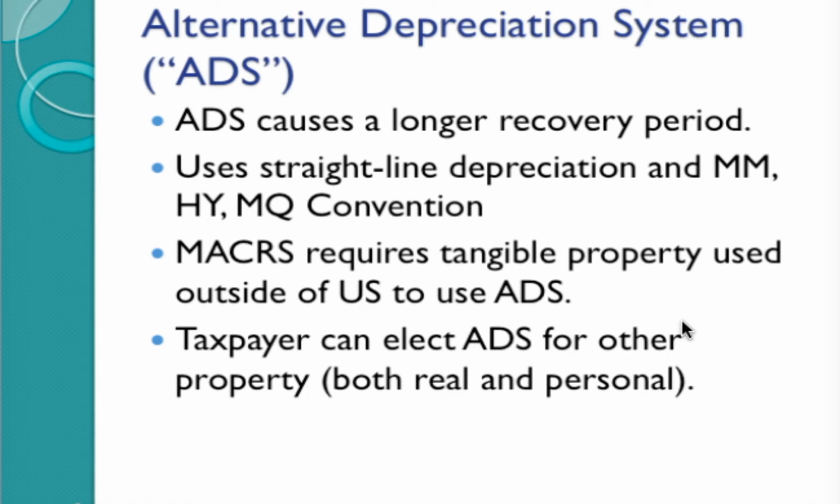And the taxpayer has the option, again, of electing ADS for other property, both real and personal. Again, this follows the provision that, in general, if you're given an option, usually that means the option would extend the time period that it takes for you to recover the cost of the depreciable asset.